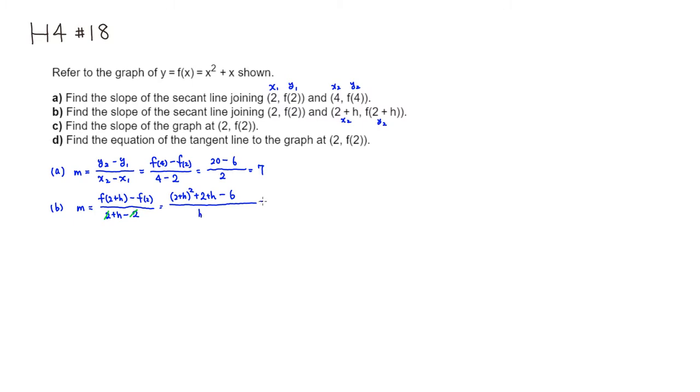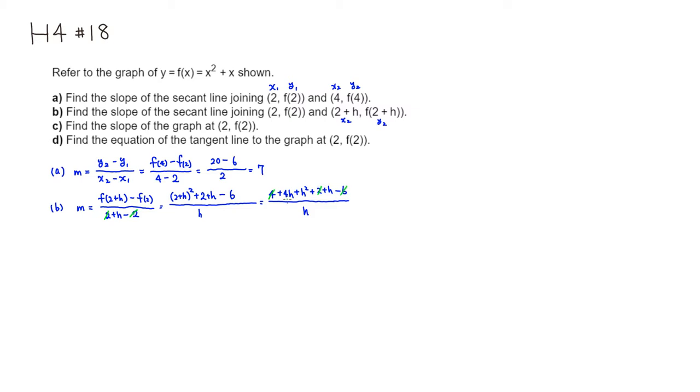Multiplying this out, 2 plus h squared is 2 squared, which is 4, 2 times h is 4h, and h squared. Then you add 2 plus h, then you subtract 6, all over h. You see that 4 plus 2 is 6, and you're subtracting 6, so that's 0.